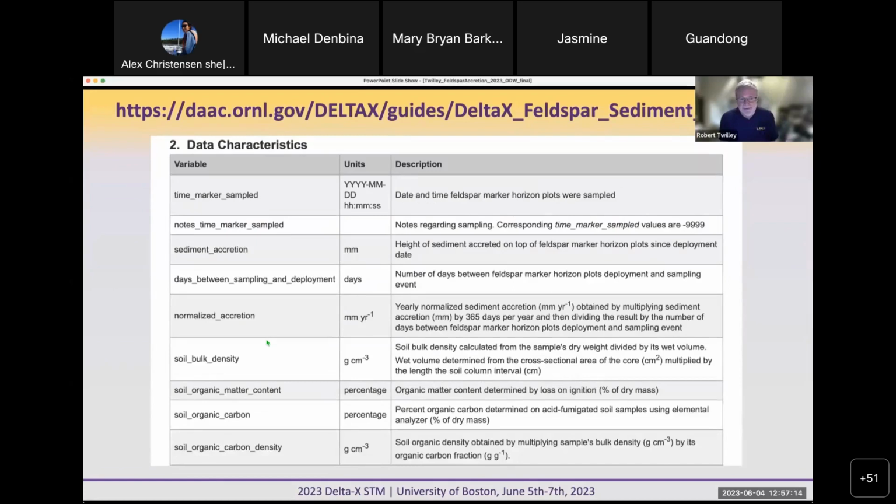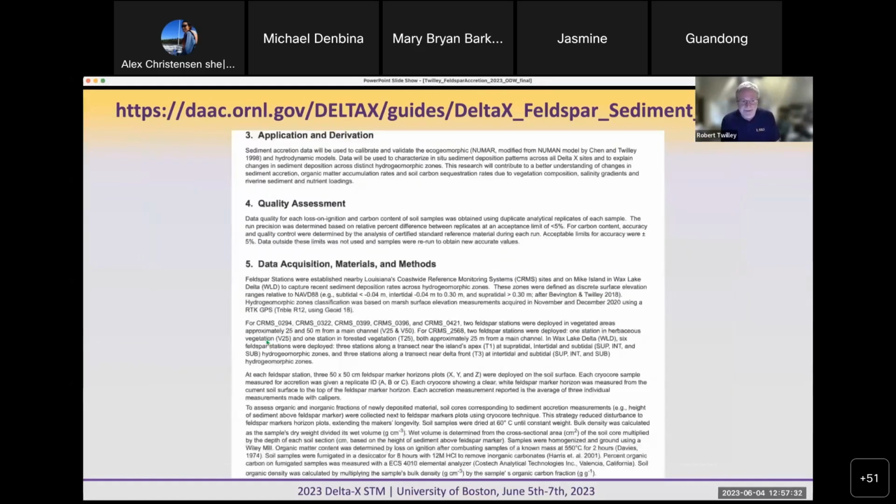And then I didn't mention soil bulk density, but here again, the parameters I mentioned that we collected at each of the sites, at each of the campaigns, again, are on approximately a 6-month time interval. And then there's also descriptions available that give you more background on the methodologies.